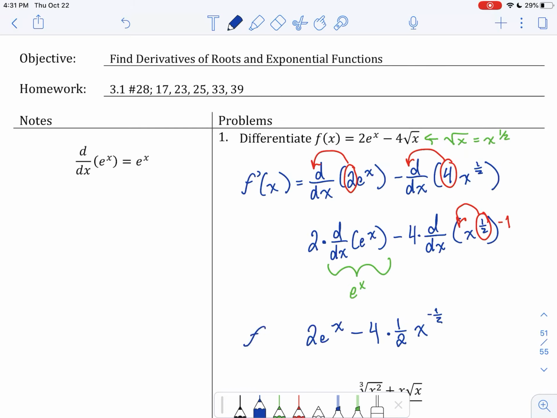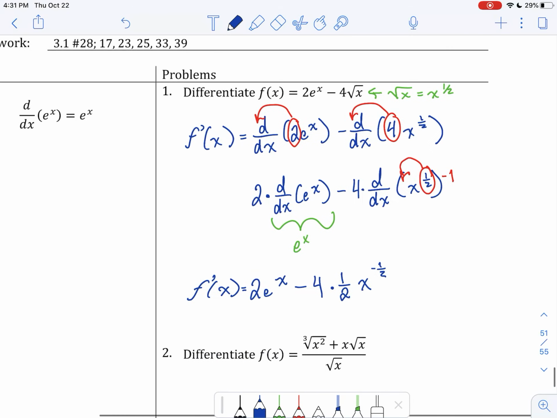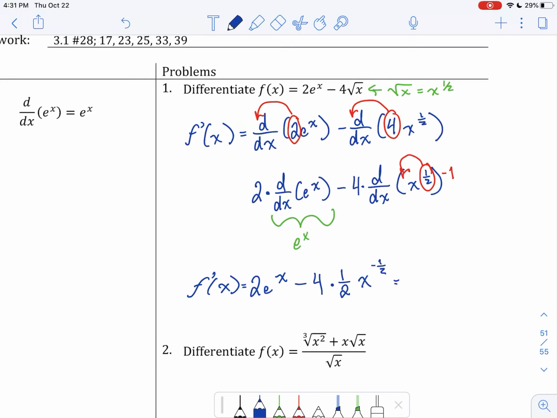Now, you can absolutely leave it as a negative 1/2 like this, but just as you might recall, this is also the same as 2e to the x minus, and I'm going to simplify our coefficients here, 4 times 1/2 is also 2.